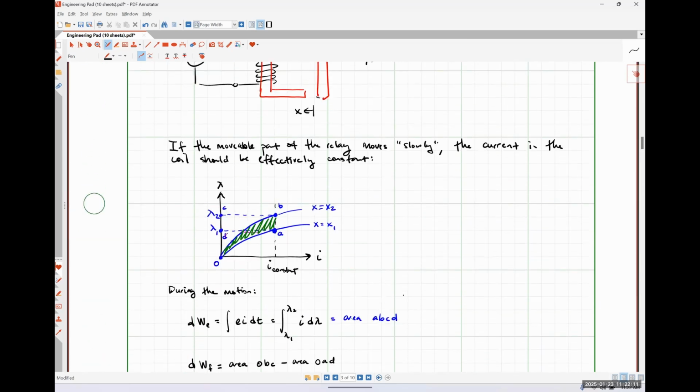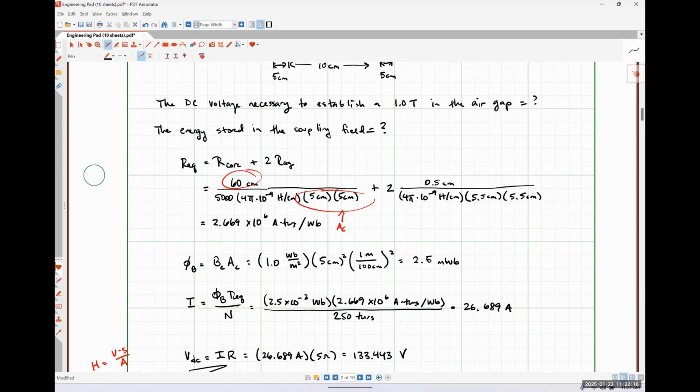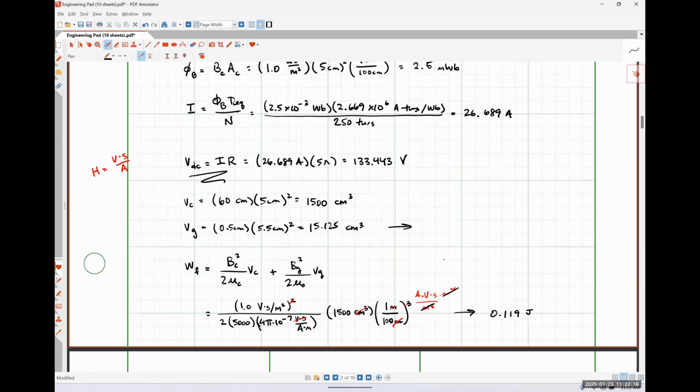So just as a quick aside, I want you guys to notice that earlier, in this previous example problem, we found out that a voltage of 133.443 volts DC was what was required to generate a magnetic flux density of 1 Tesla, okay? Now we're dealing with 120 volts RMS, but 120 volts RMS is literally the DC representation of some AC signal, okay?